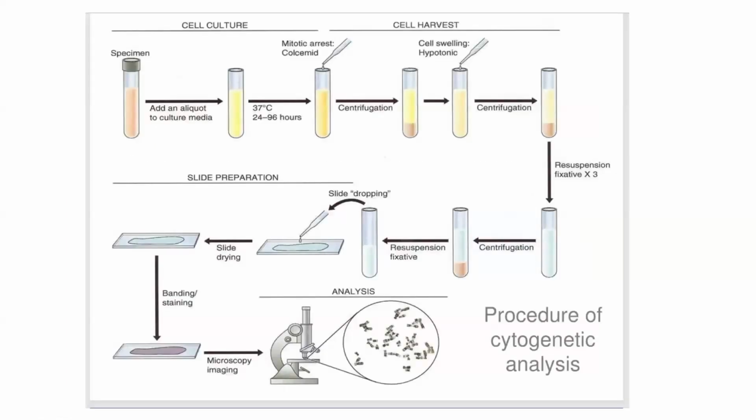So this is the procedure that one adopts. Essentially, in cytogenetics, you have to arrest the cells in metaphase, and then you spread the chromosomes, and then you look at it under the microscope after you do a G banding. G banding essentially uses trypsin enzyme that goes and digests the DNA which is accessible, and that becomes white in color.